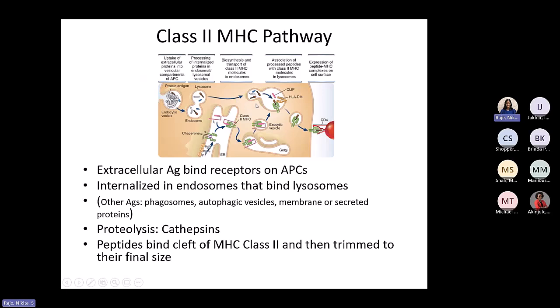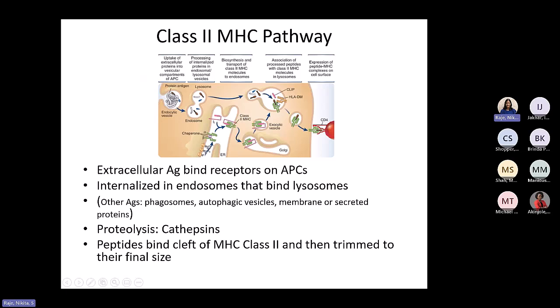Once it's inside the endolysosome, that CLIP is going to be released by interaction with something called HLA-DM. Once HLA-DM takes away the CLIP part of the invariant chain, now the cleft is open, so the peptides that are present in the endolysosome are going to be loaded onto that class 2 MHC molecule.